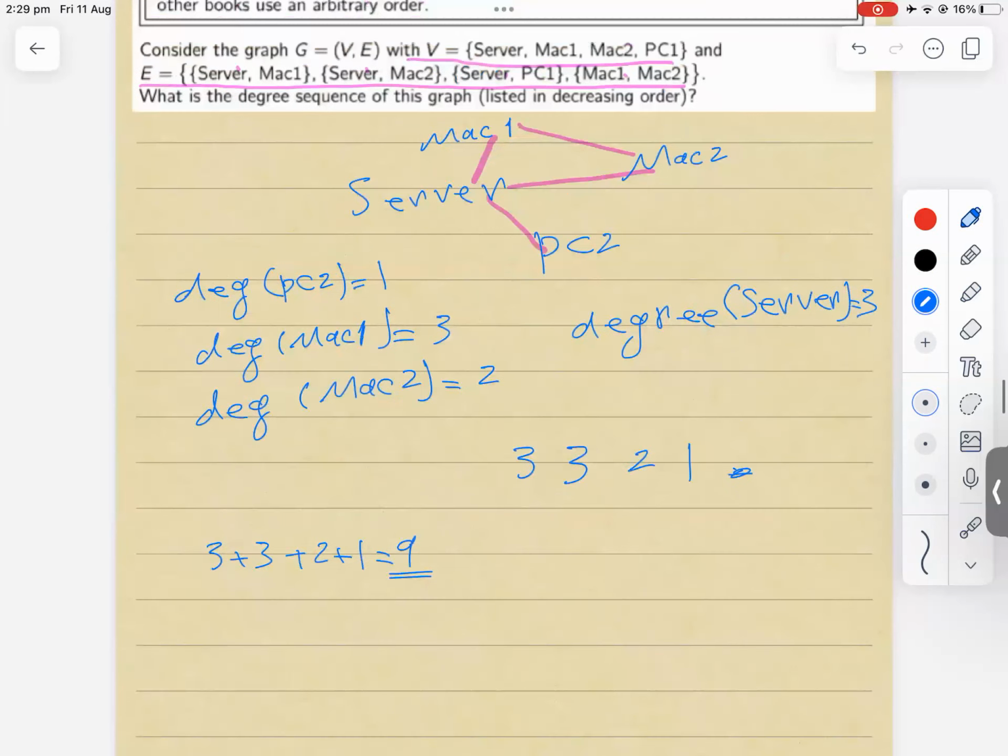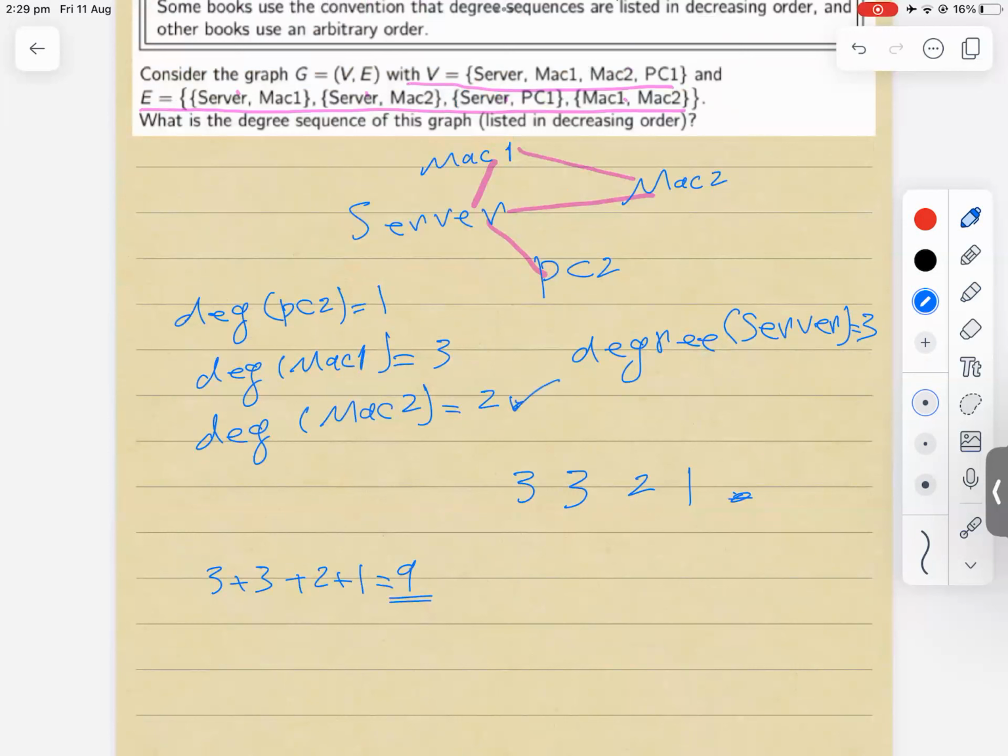Mac 2, so this one, Mac 2 is 2. Mac 1 is 2. Okay. All right. So this should be 3 plus 2 plus 2 plus 1, 8. The total summation of the degrees is always even.